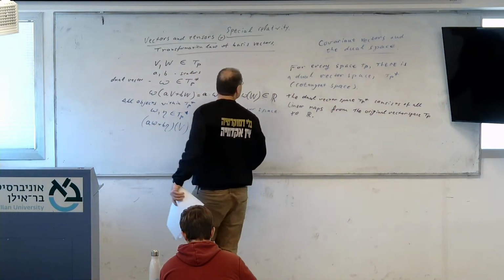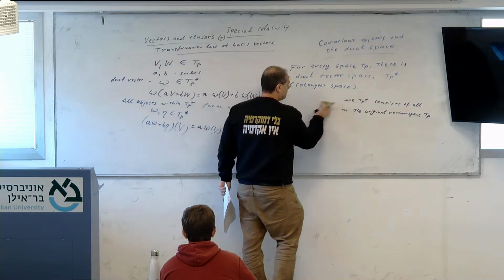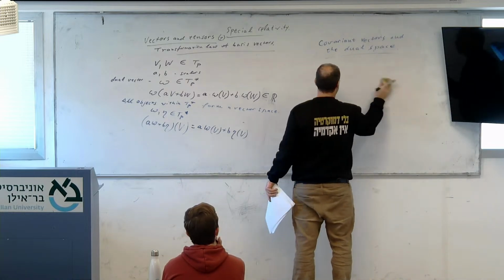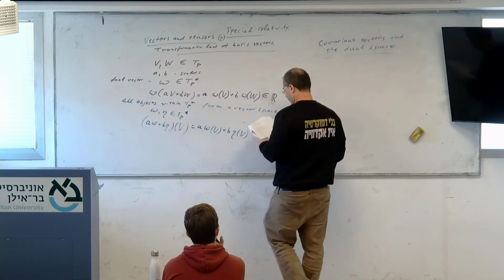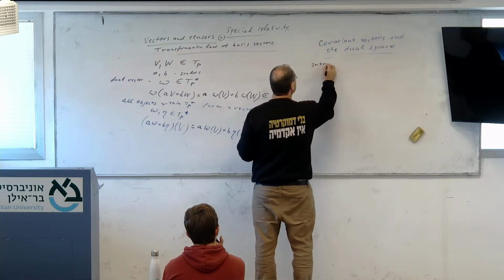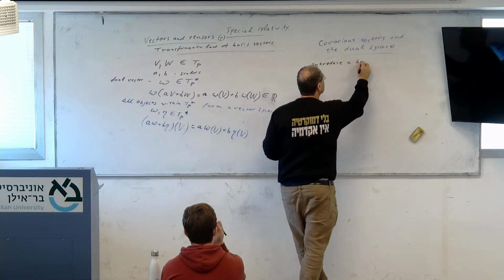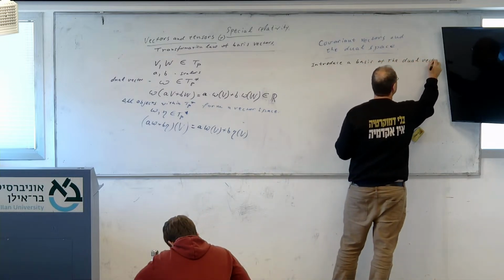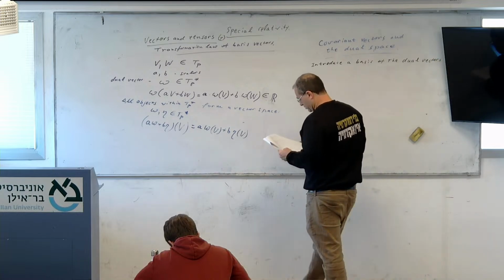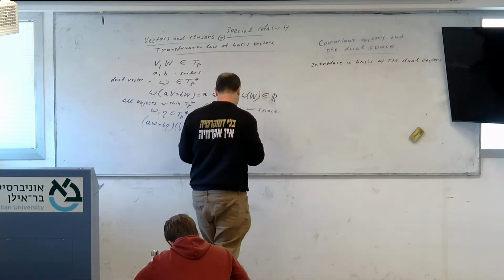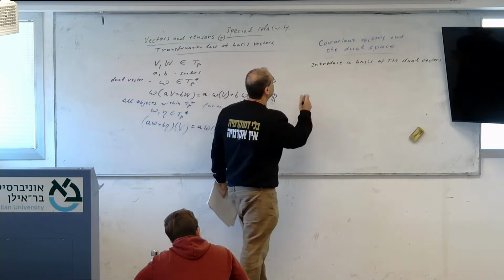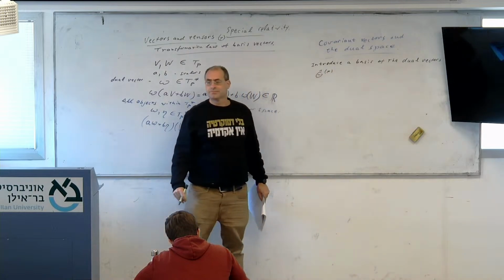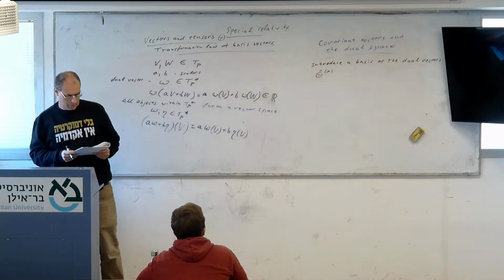So we can now introduce a basis of the dual vectors, which we're going to denote by theta with an upper index.